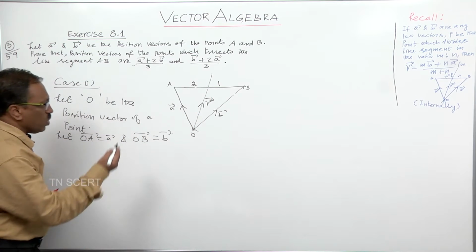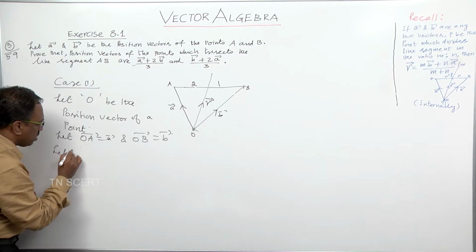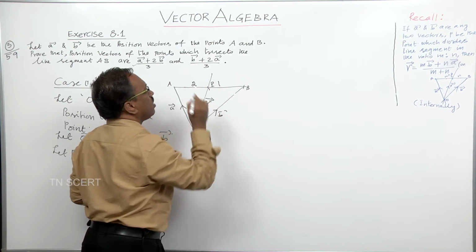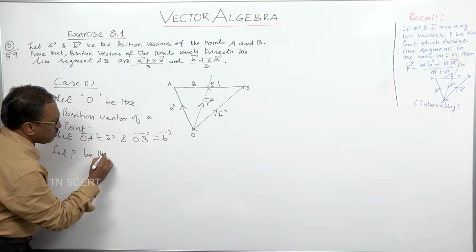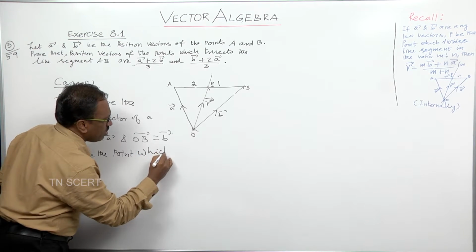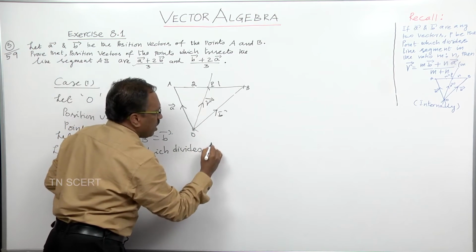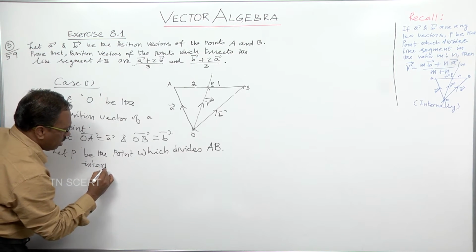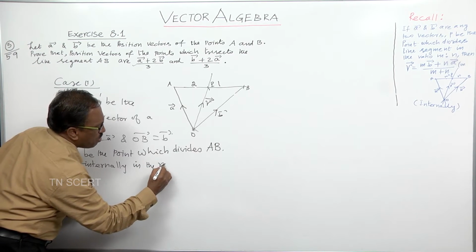So here let me take that, let P be the point. P means always we used to represent a point as P here, this point, that is R. Let P be the point which divides A and B internally in the ratio m is to n.